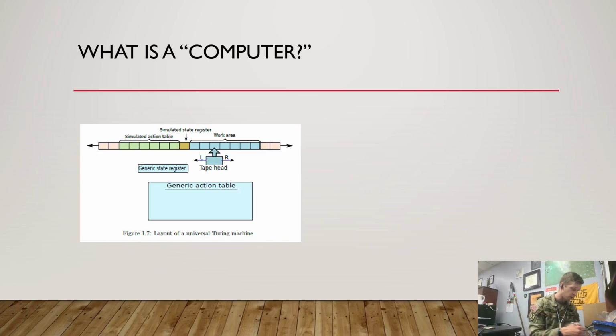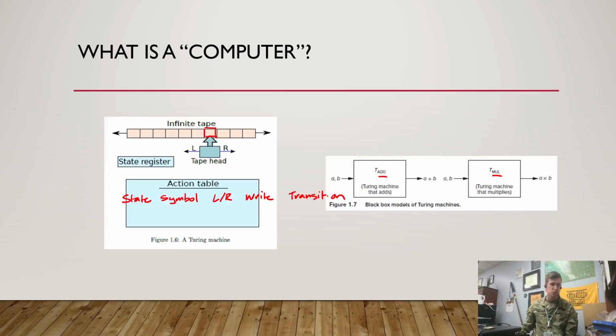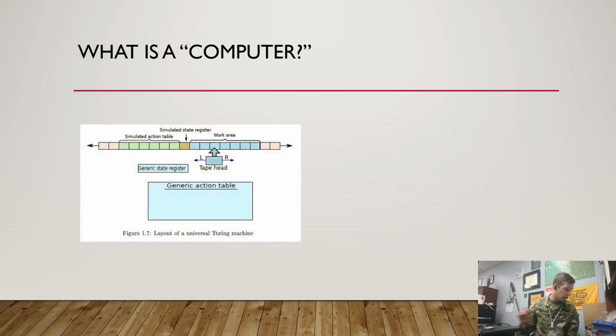So Turing said, okay, if we have this idea of a generic Turing machine, we could imagine also that instead of hard coding in that action table the things we wanted our computer to do, we could instead compose a generic action table that performs a handful of hard-coded useful things, and instead is modified by this part of the tape called a simulated action table.